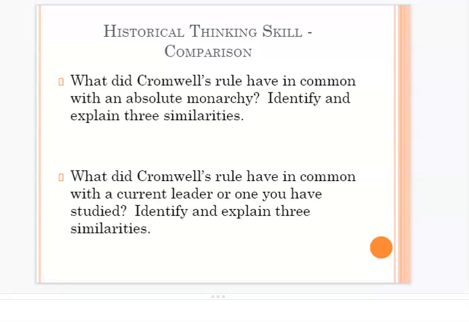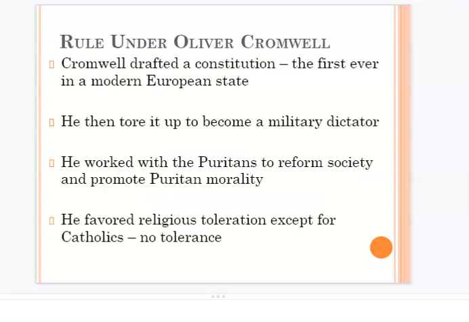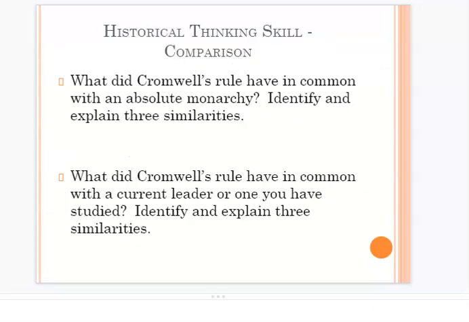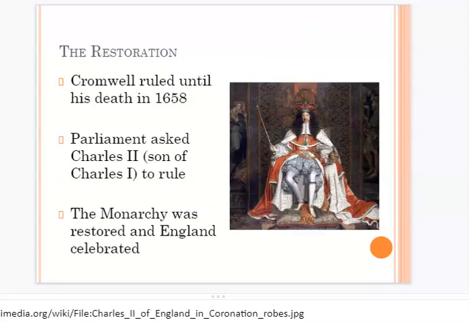So then, actually, with Cromwell you get an even stronger rule, he becomes a military dictator. So it's kind of like he's the king, but he doesn't have the title. After Cromwell dies in 1658, the English are like, we don't want this anymore. We don't want the Puritans.